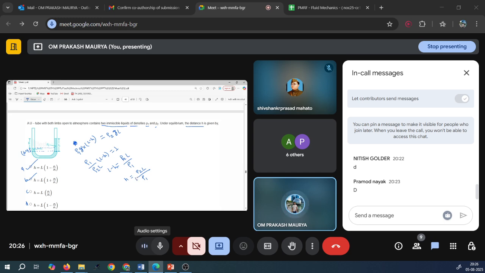That is L minus this, so H will be equal to L minus this. If you take L outside, what will remain? 1 minus rho 2 by rho 1. This is H, not L. So yes, this is correct. So option D is correct for this.